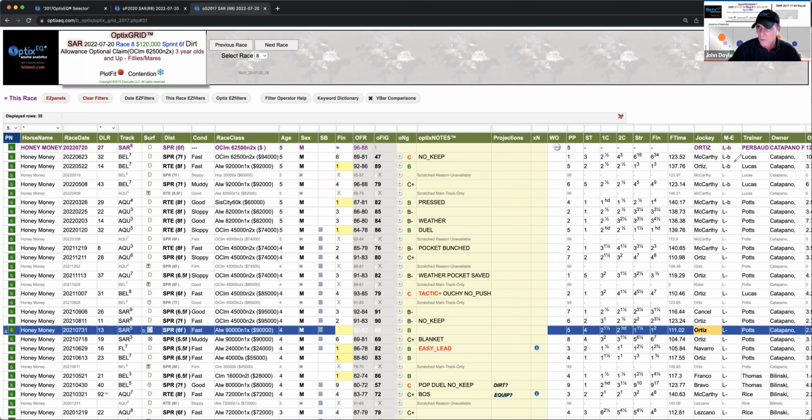But this horse is changing barns, and changing to a low percentage barn, but this low percentage barn is sneaky with long shots. And also the fact that Ortiz gets on this horse, who won with this horse 2 back. And I'll tell you that Bonnie Lucas, I don't know her much outside New York, but she hasn't been really effective at spotting horses and getting horses to run and improving on horses in New York.